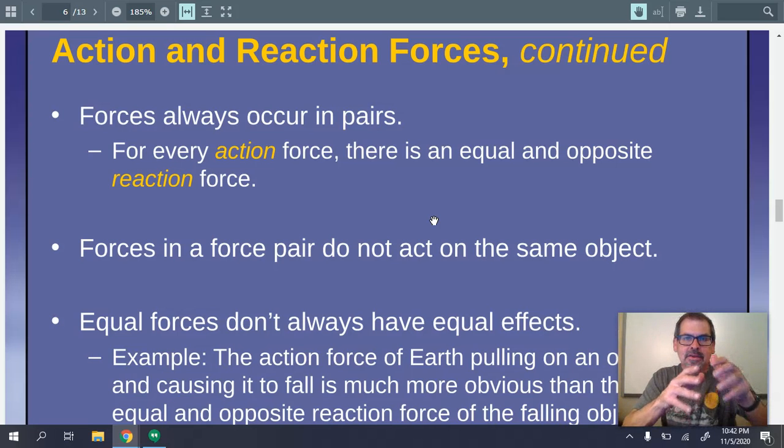Why then does the cart move? Well, the cart moves because the horse is also exerting a force on the ground. So the horse is pushing the ground backward, and the ground is exerting a force on the horse forward.